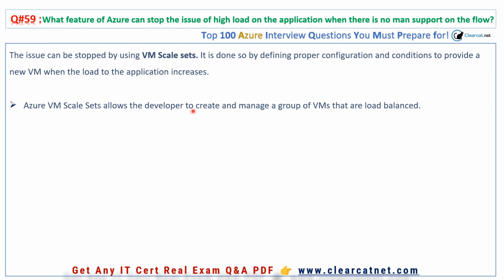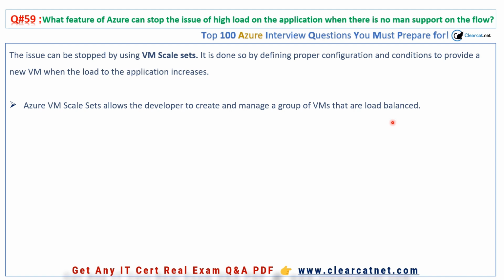This means to balance the load, we can scale the VMs through VM scale sets. We have explained in our previous questions what VM scale sets are, so you can refer to the previous videos to understand them. For now, the feature to stop the high load issue is VM scale sets.